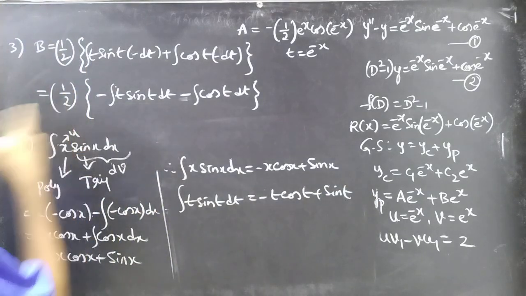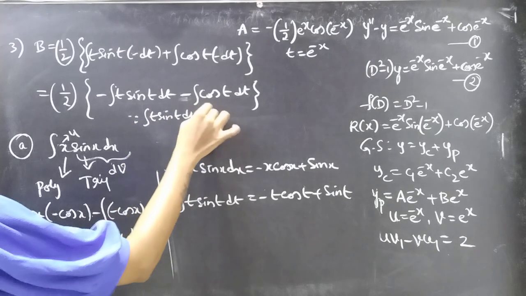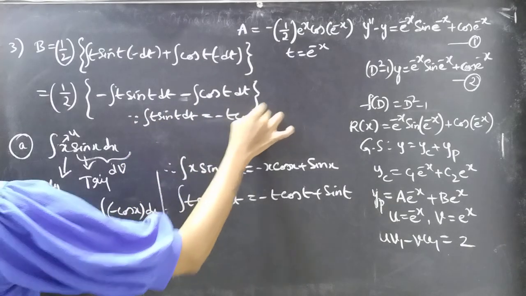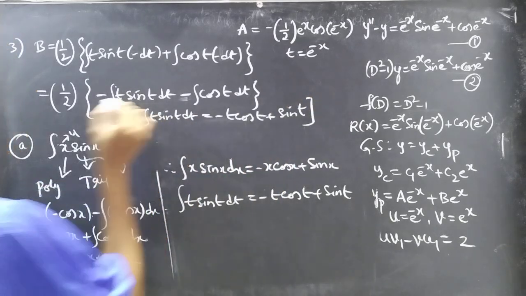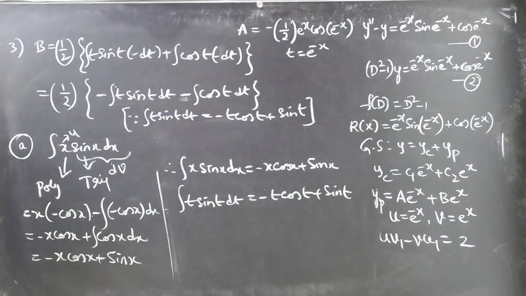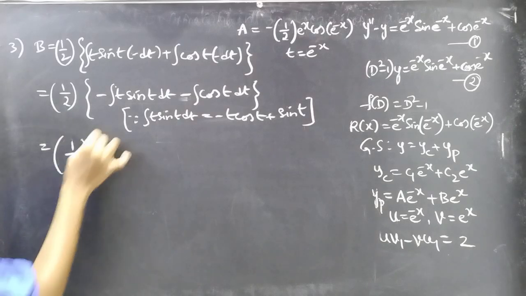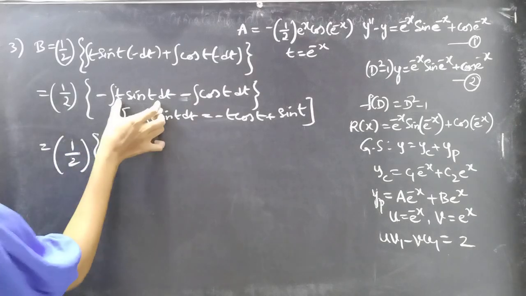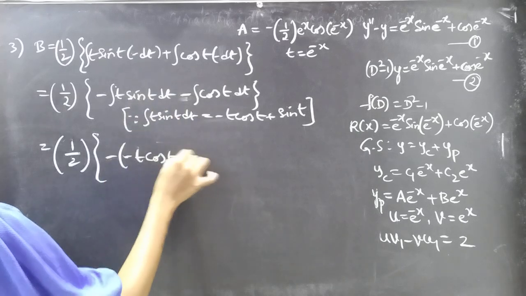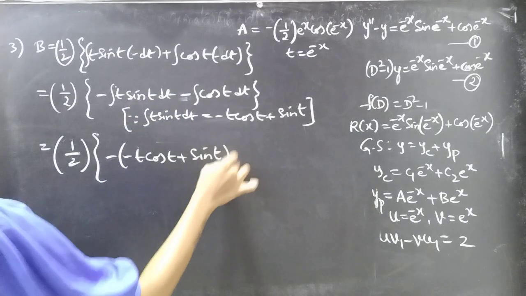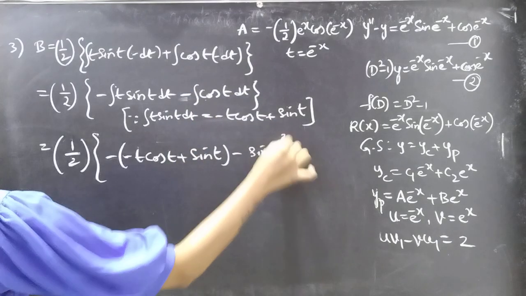Now coming to b, since integral t sin t dt equal to minus t cos t plus sin t, we can replace it in b. This gives us 1 by 2 into minus integral t sin t dt, which is minus t cos t plus sin t, minus integral cos t dt, which is sin t.